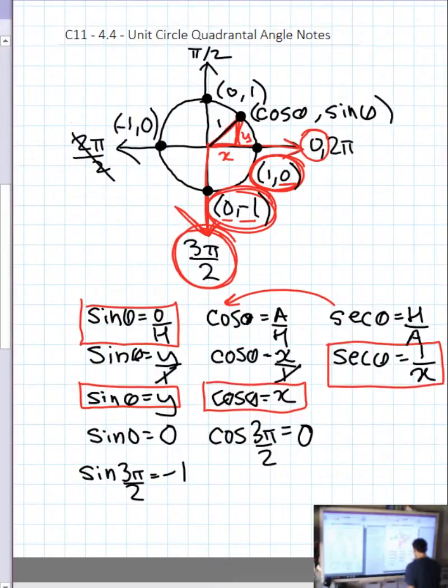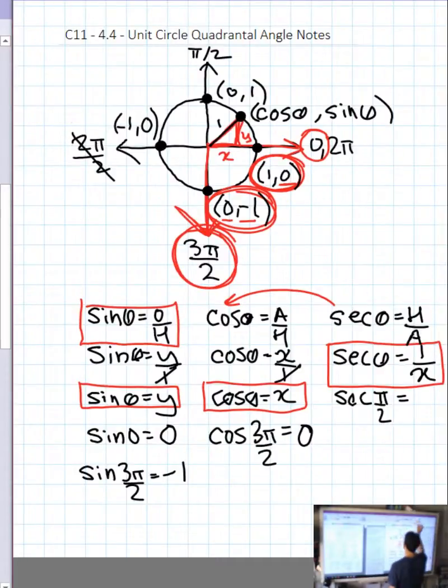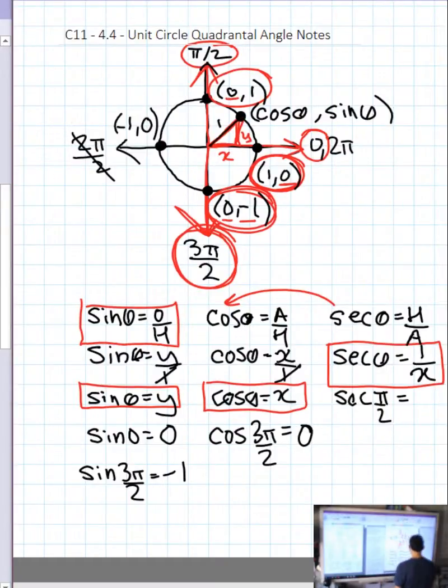If I substitute into that formula for an example in the notes, secant of pi over 2 equals, well, I know that secant is just 1 over the x value at pi over 2. So I'm going to circle pi over 2 at the top, draw in my terminal arm going straight up, and circle my point. Secant is just 1 over the x value, so I'm going to underline the x value, it's 0, and say 1 over 0.